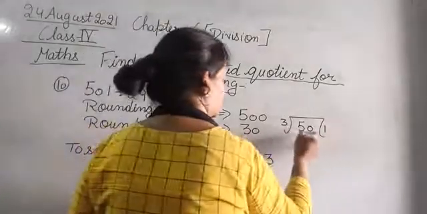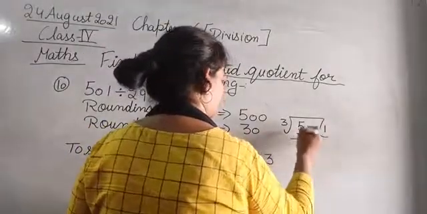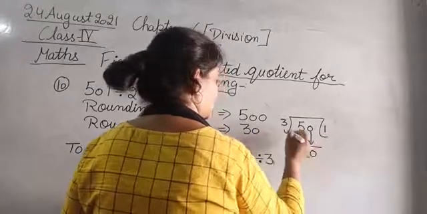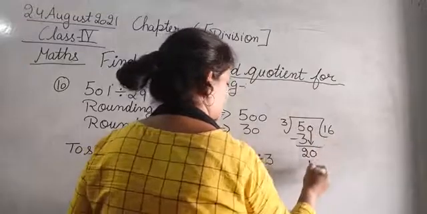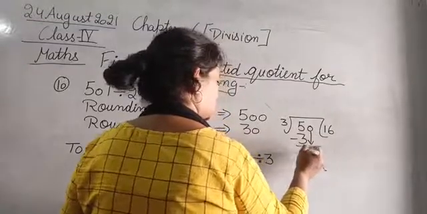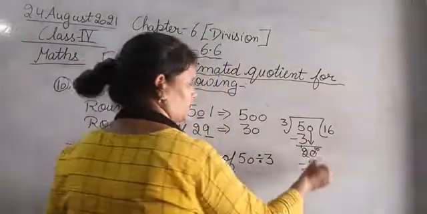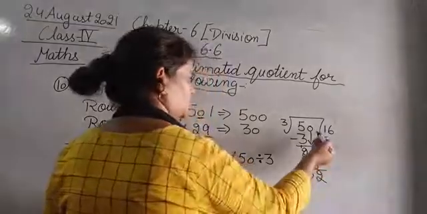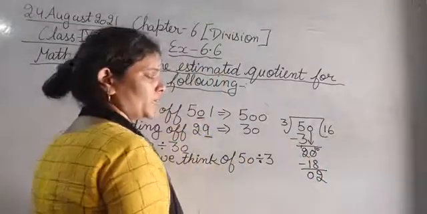3 ones are 3, 5 minus 3 is 2. Bring down 0. 3 6s are 18. Okay, this is 20 minus 18 is 2. Now we don't have any other number in the dividend.